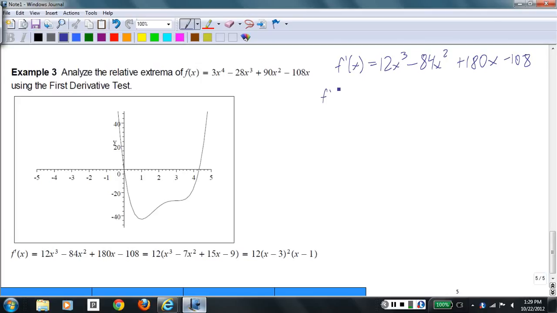We can factor out, I think, a 12. 12 times x cubed minus 7x squared plus 15x minus 9.